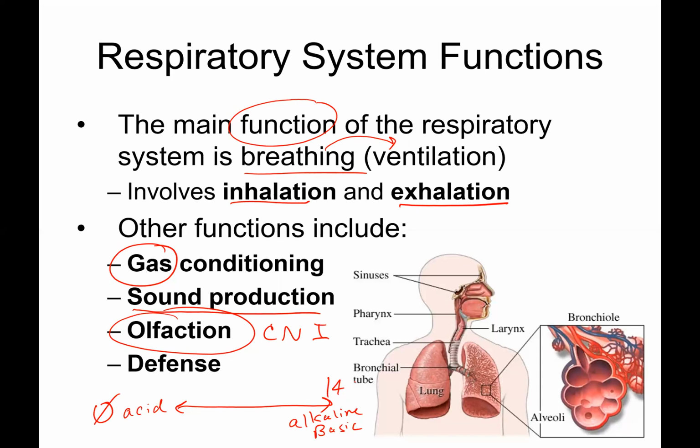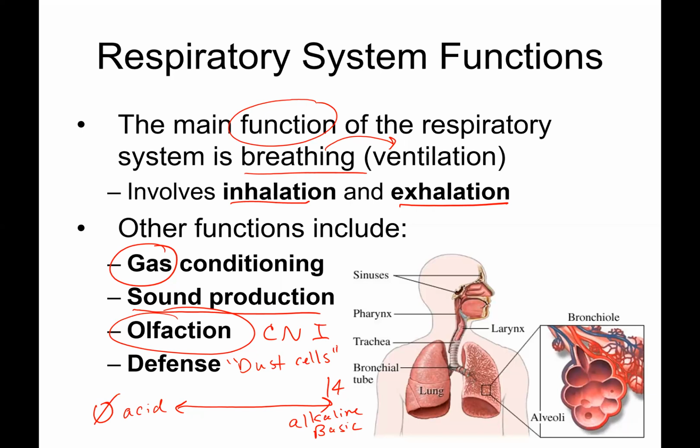Okay, we do also find different Pac-Mans inside of our respiratory system. They are macrophages and other white blood cells called dust cells. Okay, so once those white blood cells enter into your lung area to help defend you, they call them dust cells.